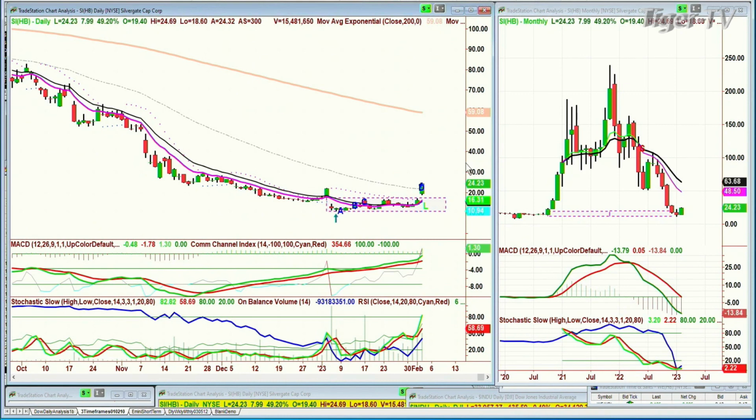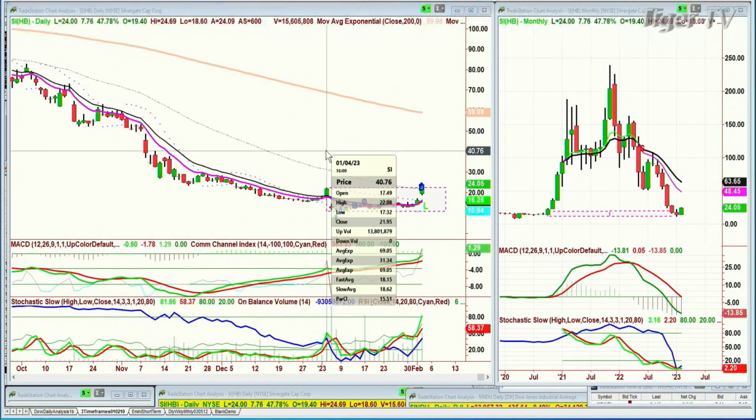But if you look at the weekly, so is that the weekly? No, the daily chart. There's a rectangle that's formed, and I'm going to make it a little bit larger. That rectangle goes to the high of, having a little mouse trouble here. There it is. So that's the high of the 4th of January this year, which had a high of 22.08.